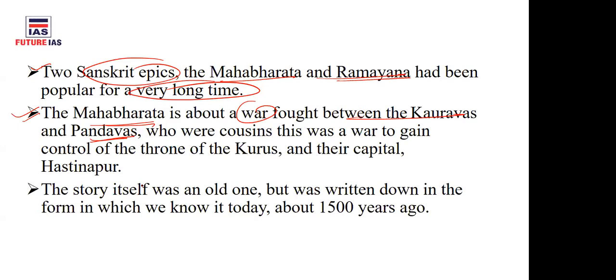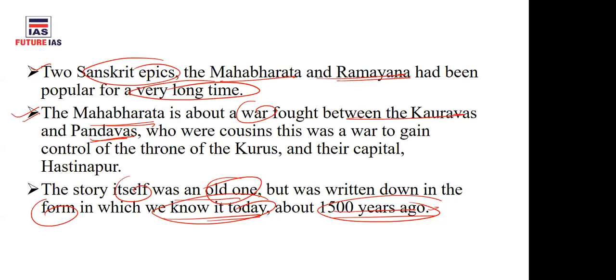The story itself was an old one, and was written down in the form in which we know it today about 1500 years ago. But nobody knows whether the Mahabharata was a real story or not, because it was not documented anywhere.